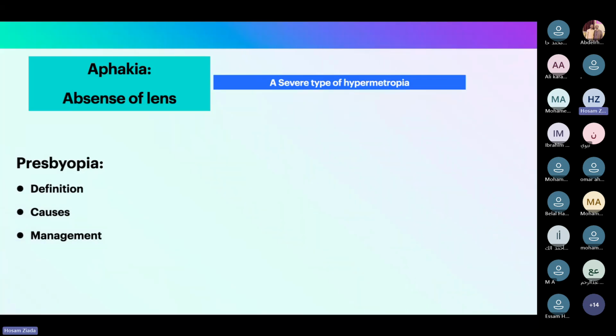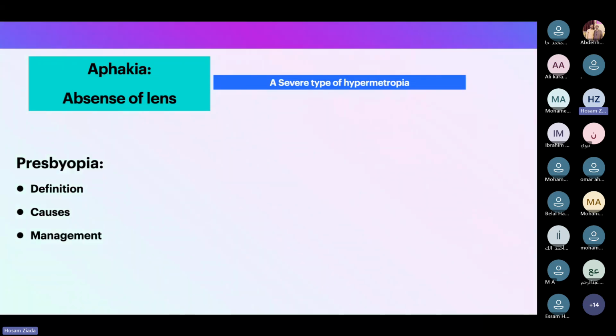Another cause is a debilitating disease with generalized weakness, so the accommodation power is much decreased, so there is early presbyopia. So presbyopia is a normal age-related status happening after the age of 40, maybe 41, 42, 45 in some patients. There is no sharp time, but all are affected.